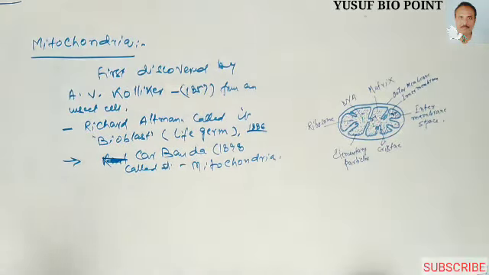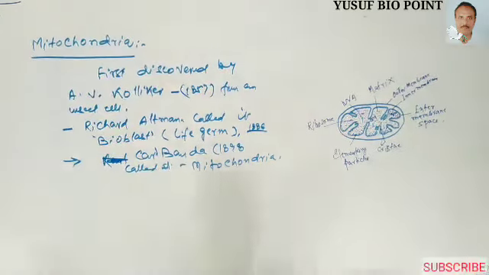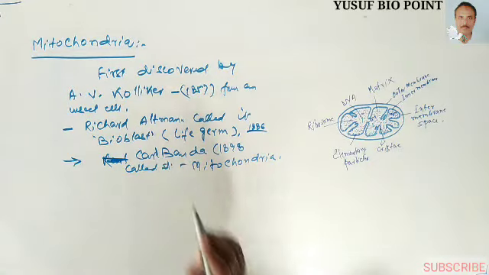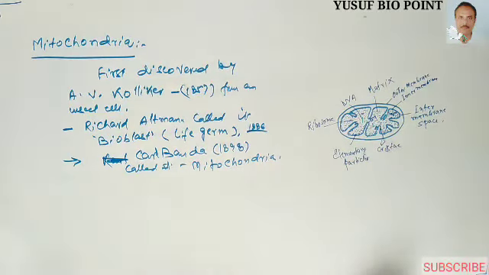In this way, we see that the mitochondria was first discovered by A.B. Kolliker in 1857 in an insect cell. After some time, Richard Altmann called it bioblast, that is life germ, and after 12 years, Carl Benda called it mitochondria in 1898.